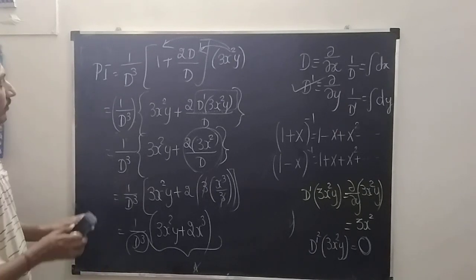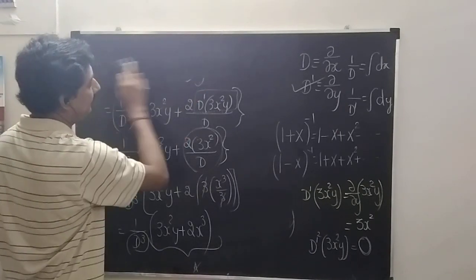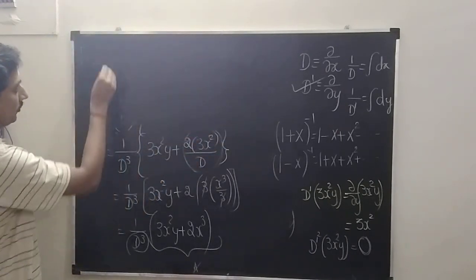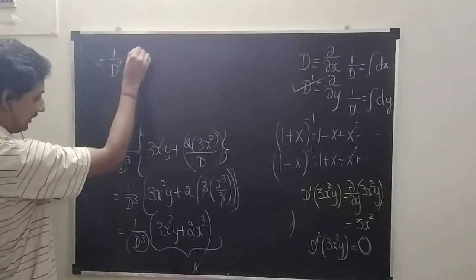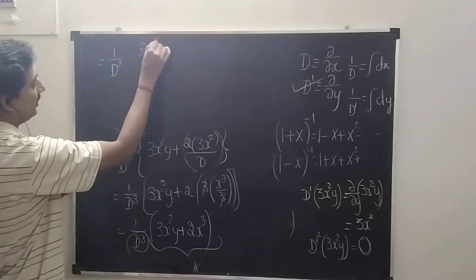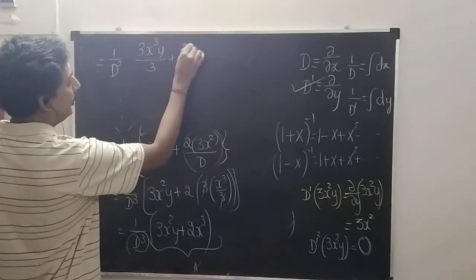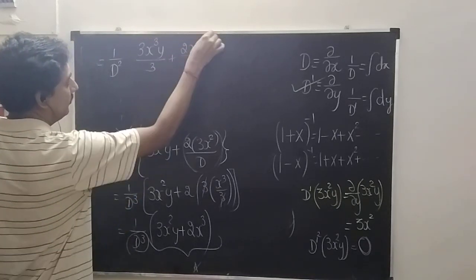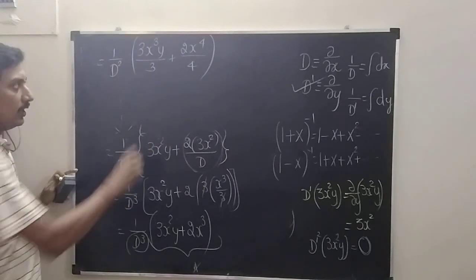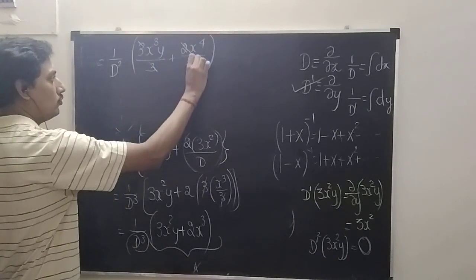The first time, I get 1 by D squared of 3x cubed by 3 into y plus 2 into x to the power 4 by 4. Got it? After cancelling the 3, this becomes x cubed y.